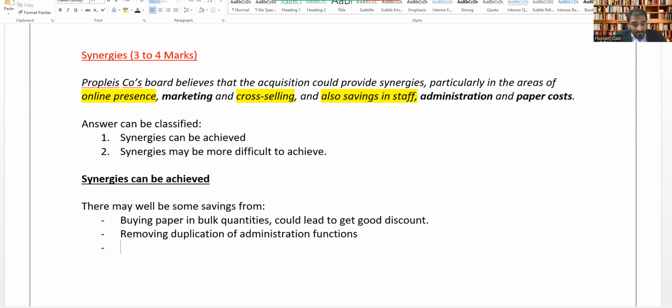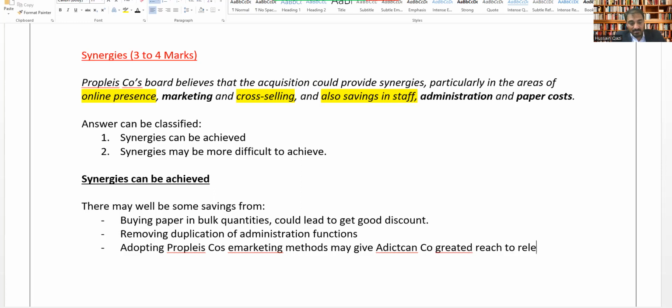You can say that adopting the acquirer's, here the name is Propolis, Propolis company's e-marketing methods may give the Addicton company greater reach to relevant customers, or we can say readers, and be able to get more revenue.